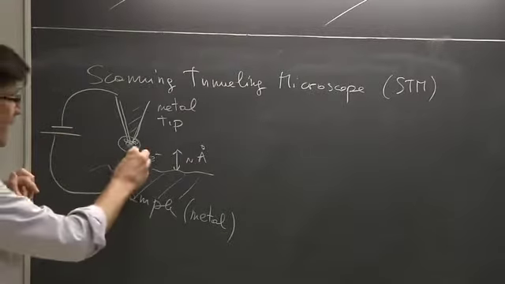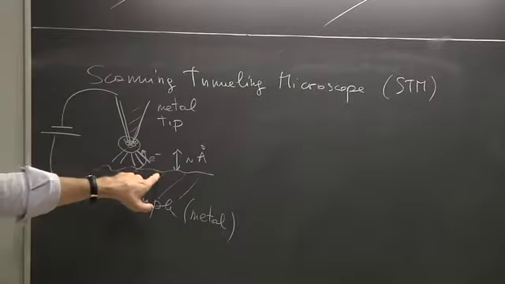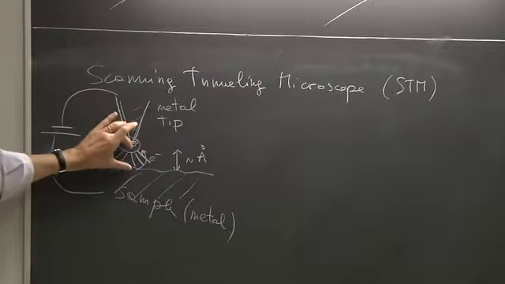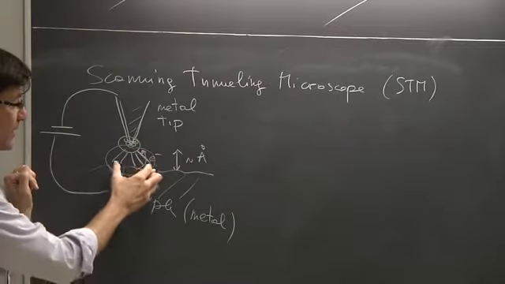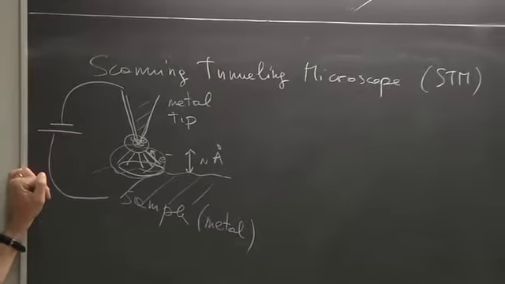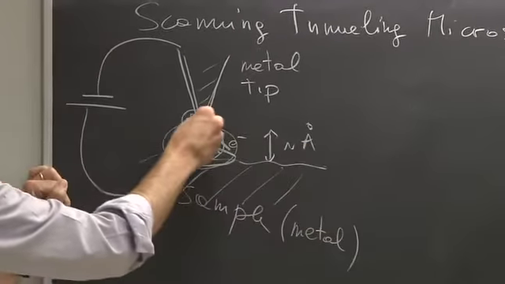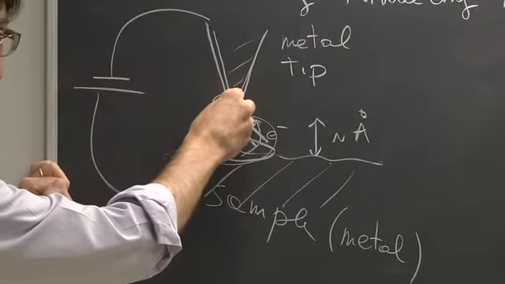So if you consider the current from a three-dimensional perspective, you will have electrons coming from all places in the metal. Clearly, this distance is going to contribute to the current only for an area which is also of angstrom size, right? Because electrons from here will have a huge distance to tunnel through if they want to go to the tip, all right?